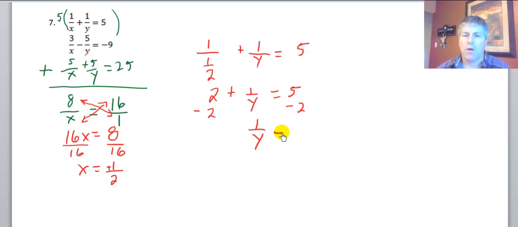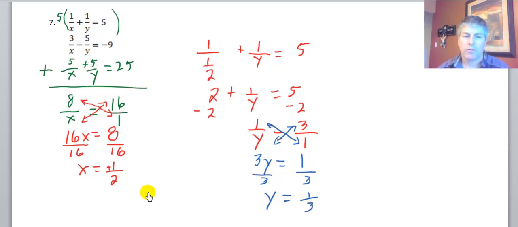I get 1 over y equals 3 over 1, or 3. And just like we cross multiplied here, we can do the exact same thing because we have a proportion. 1 times 1 is 1, so we get 3y equals 1. We divide both sides by 3, and y equals 1/3.